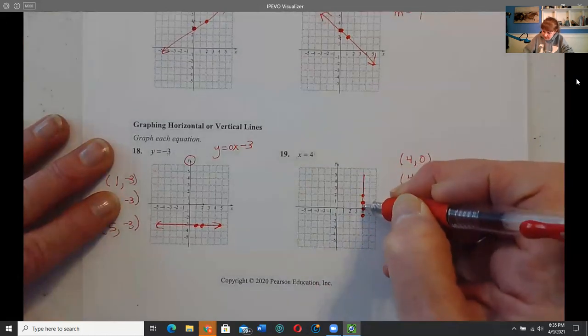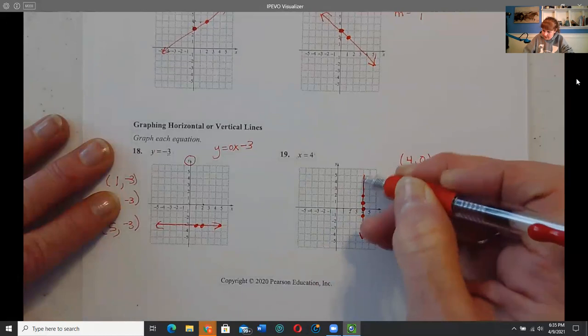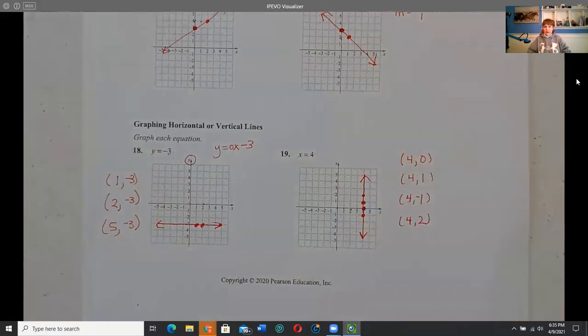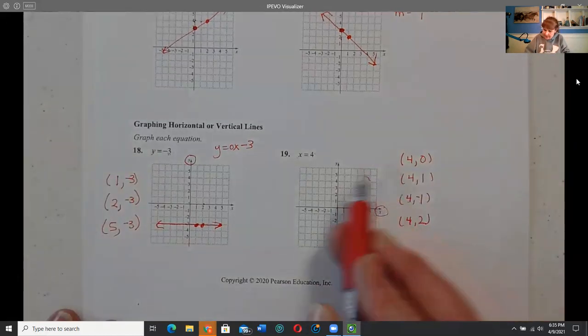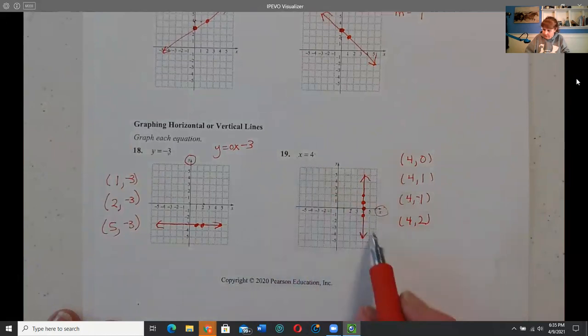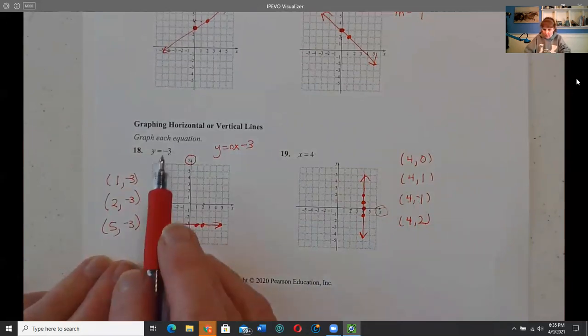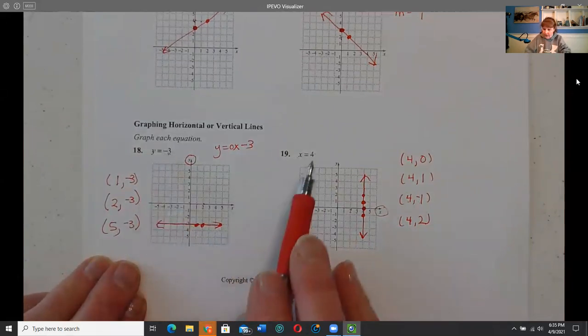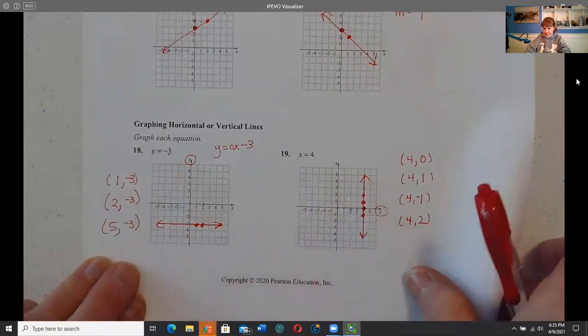If we connected these up, we now have a vertical line. It hits the x-axis at 4. The slope of this one is undefined. So again, we have horizontal through a -3 and a vertical through the 4.